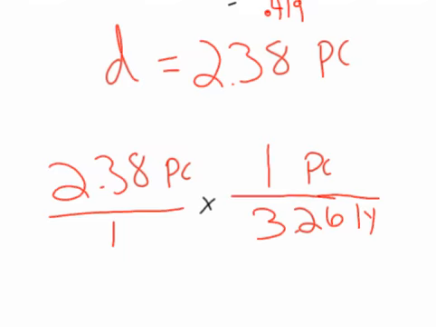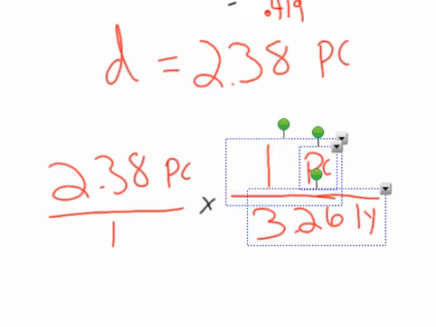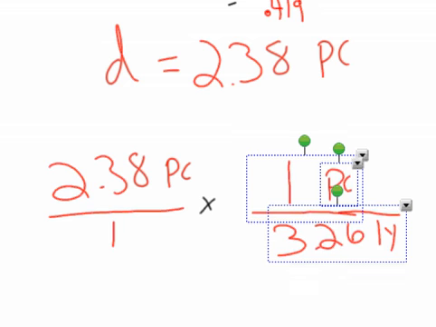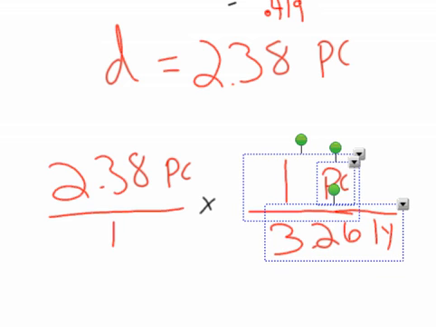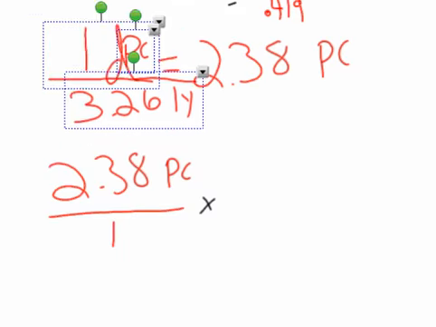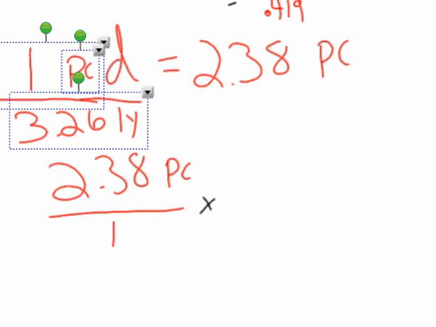If I'm using this relationship over here, I need the parsecs on the bottom. So what I need to do is flip this relationship to get parsecs on the bottom and light years on the top. I'm just going to rewrite it rather than try to do anything fancy with my smartboard.